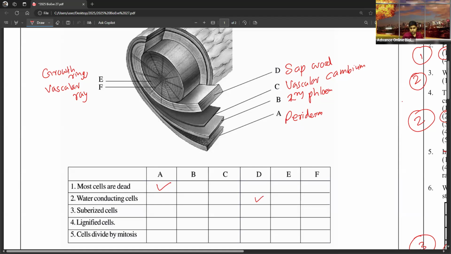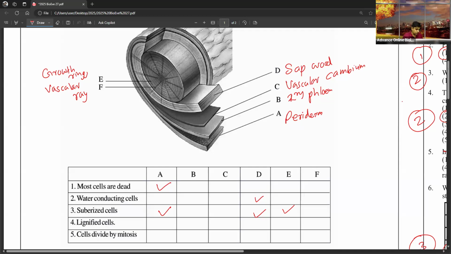Then suberinized cells, suberin: A, periderm. Lignified cells: sapwood is correct, E, growth rings correct. Vascular cambium, no, not lignified.